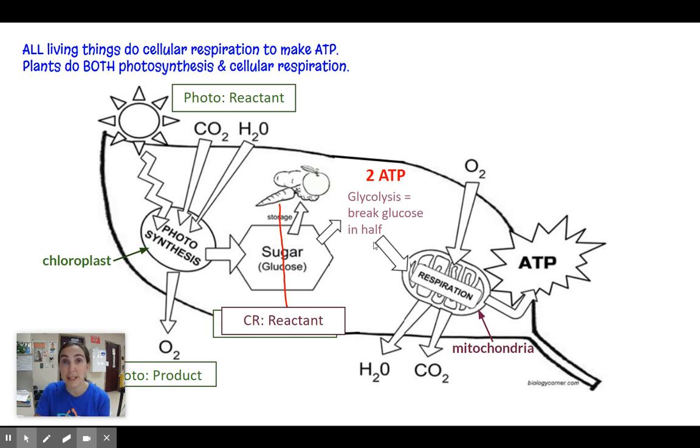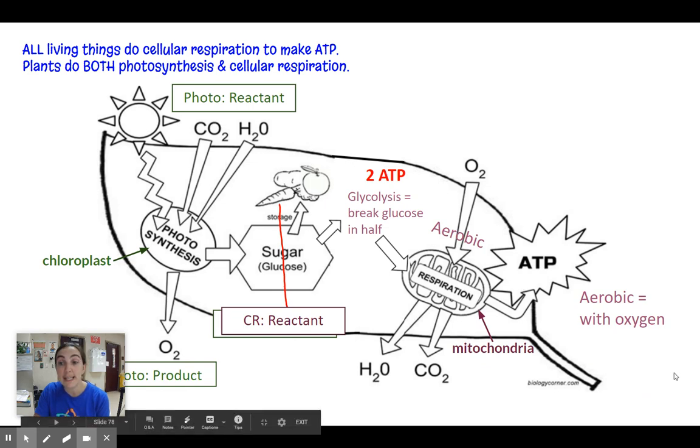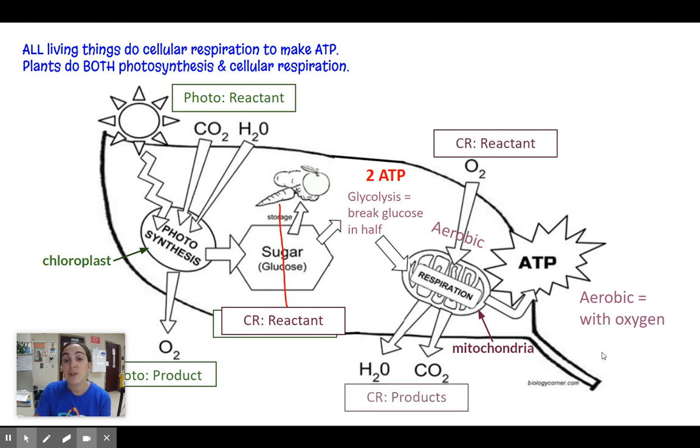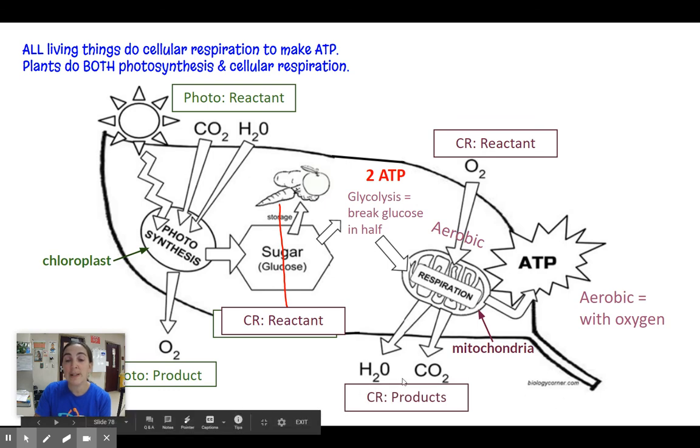Those half glucose molecules then, those are called pyruvate, they move into the mitochondria, where that process of aerobic cellular respiration takes place. Aerobic means with oxygen. So there's a series of chemical reactions in here that continue to break down and break down and break down that pyruvate. And eventually they use oxygen, the other reactant of respiration, to produce water and carbon dioxide as kind of the products that come out.